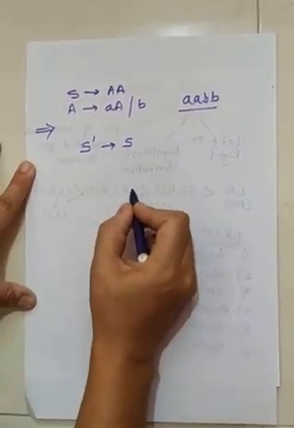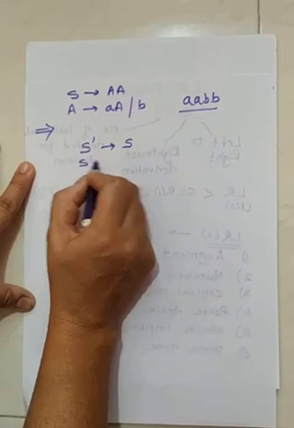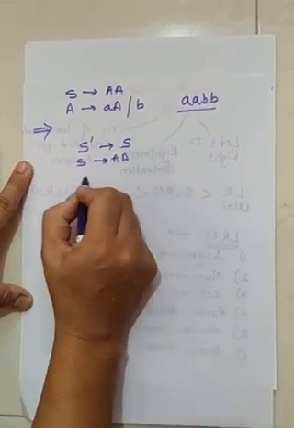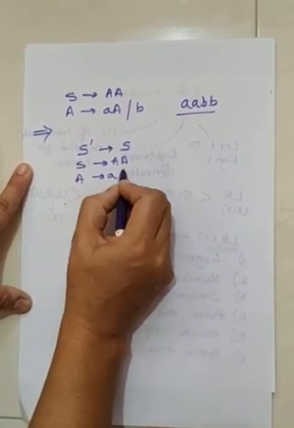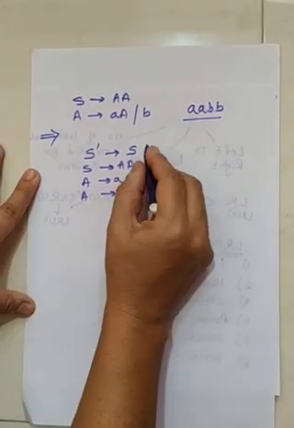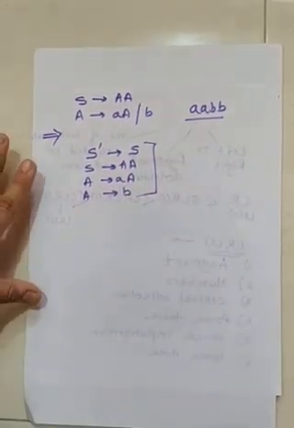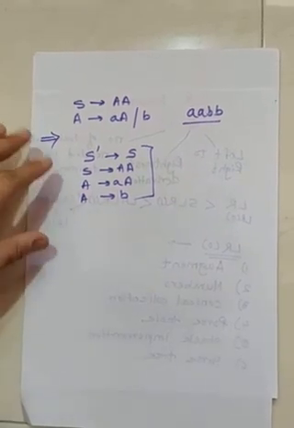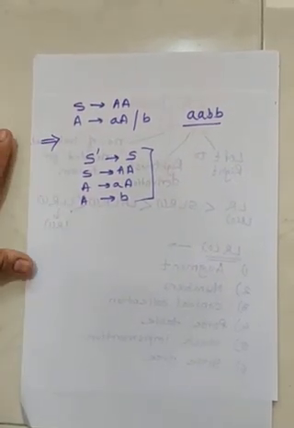And the rest of the rules as they are we have to write. S is producing AA, A is producing aA and A is producing b. So all these are the productions, and this is the augmentation of the grammar. So first step is complete.